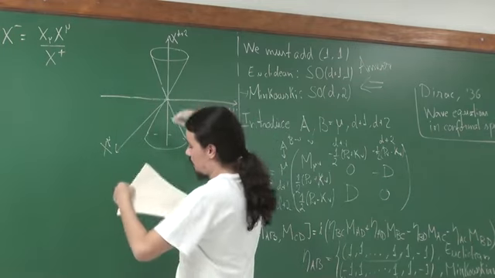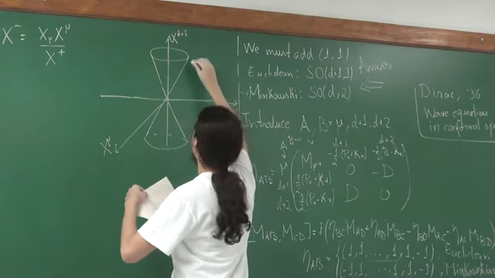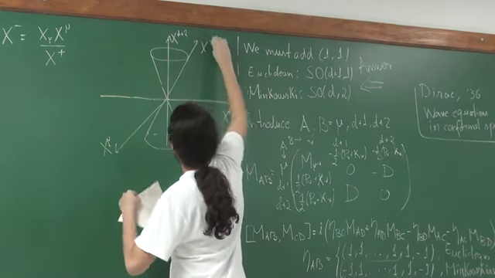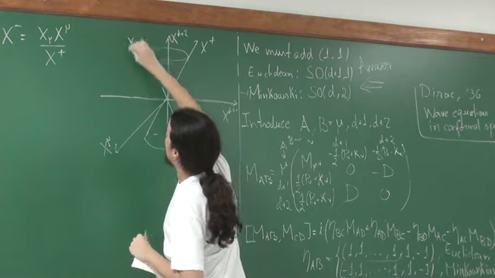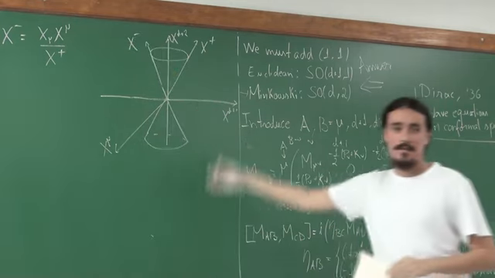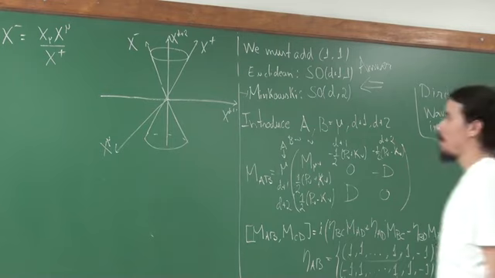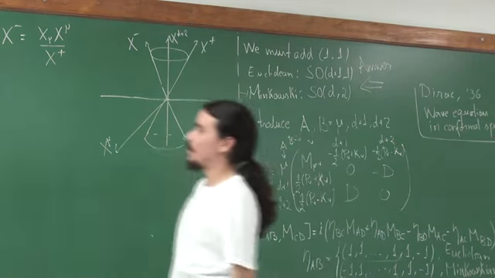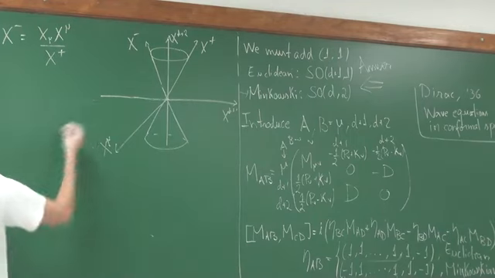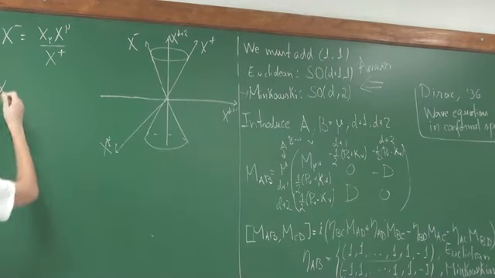And here, this direction is x plus, and this direction is x minus. So you see the white areas. So the conformal group on this d plus 3 dimensional space should just act as rotations again.